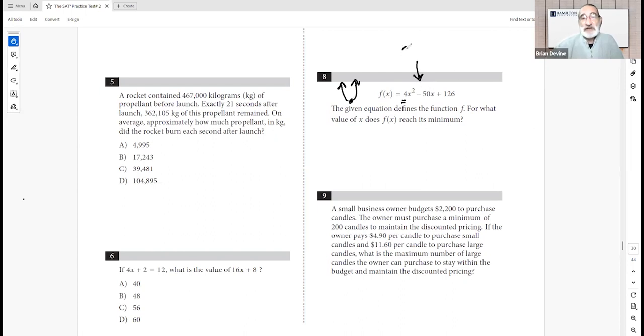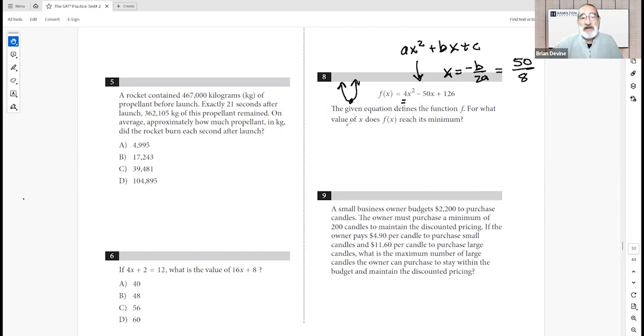And if we're in the form ax squared plus bx plus c, well, we know right away that when x equals negative b over 2a, that's going to be the x value of the vertex. And so if I look at that, well, that's going to be 50 over 8.